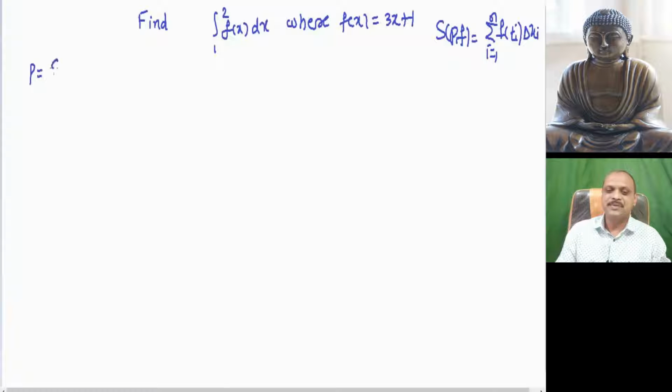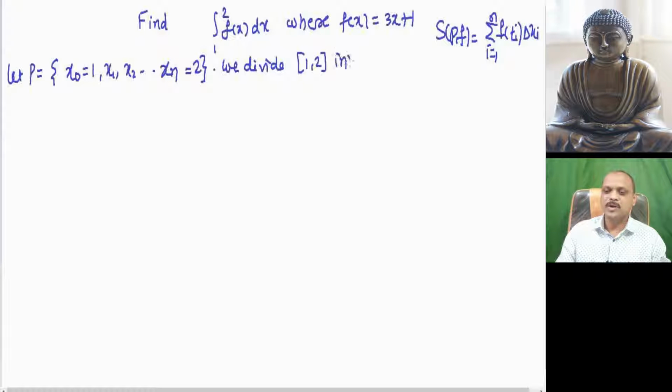So we first take the partition x0 equal to 1, x1, x2, ..., xn equal to 2. This is my partition. We divide the closed interval 1 comma 2 into n equal parts.